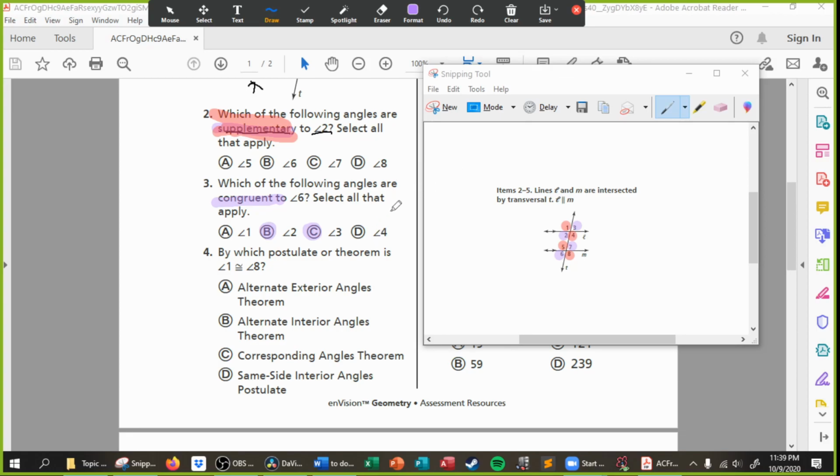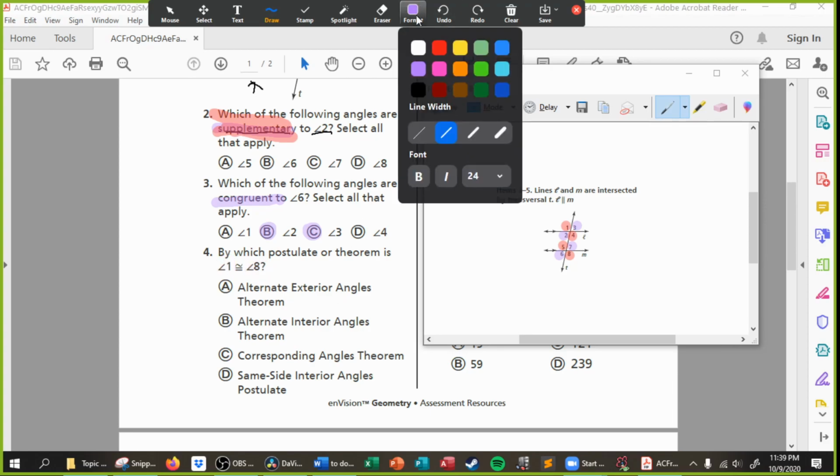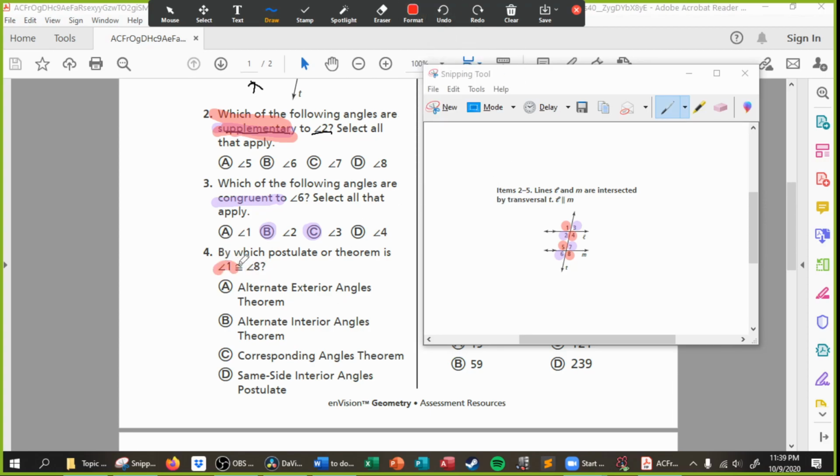And then now it says, by which postulate or theorem is 1 congruent to 8? And I see here, since I did color code these, that 1 and 8 are congruent because they're both in red. And that theorem is the alternate exterior angles, right?